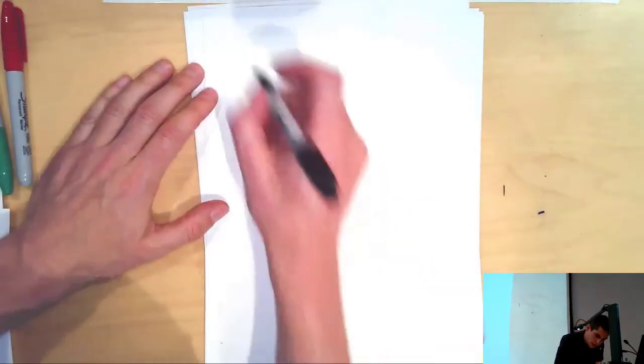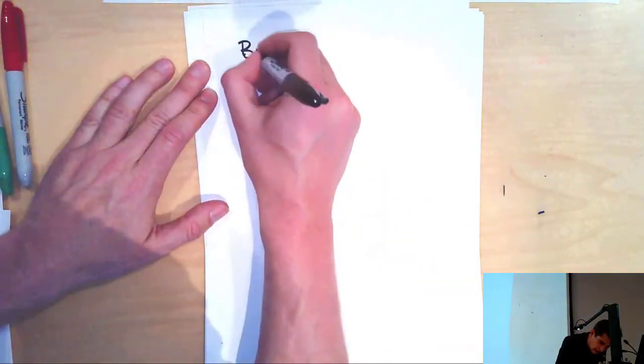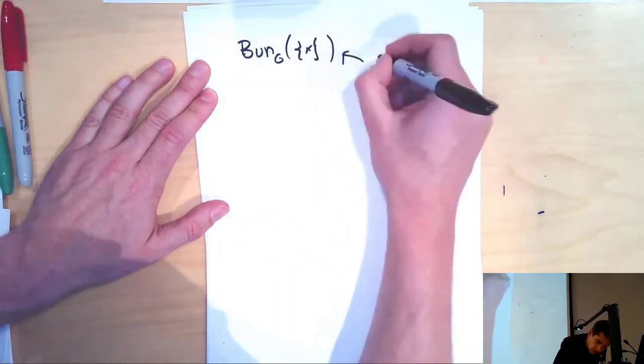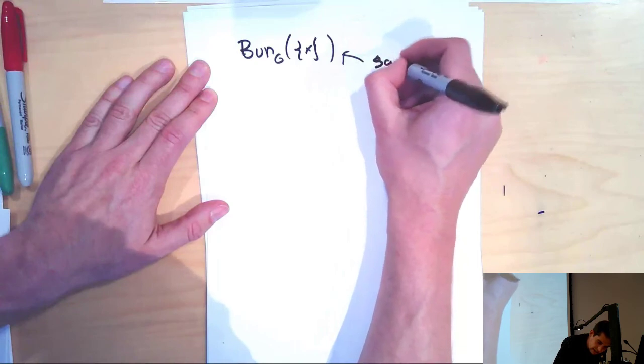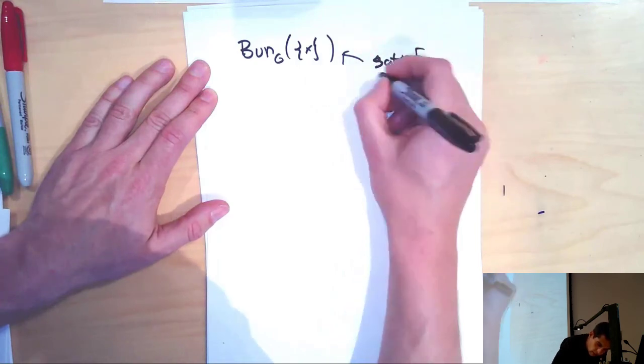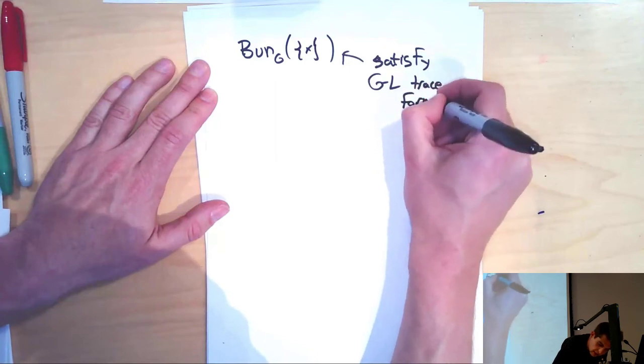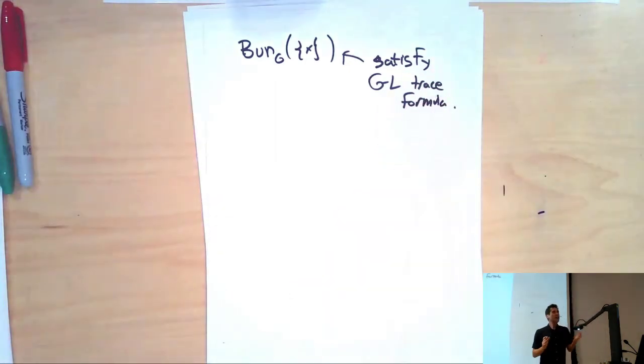So let me mention, if you look at these Bun_G x's, these also satisfy the Grothendieck-Lefschetz trace formula. That's something that I'm going to expand on in the next lecture. It's not a hard thing to prove.